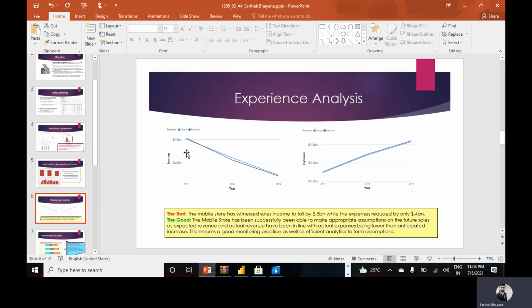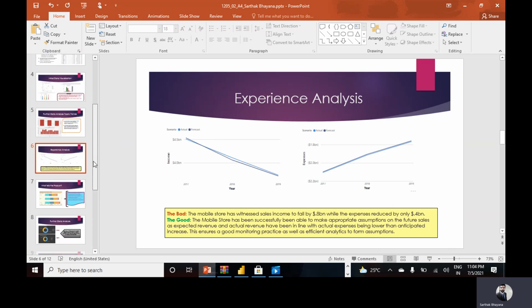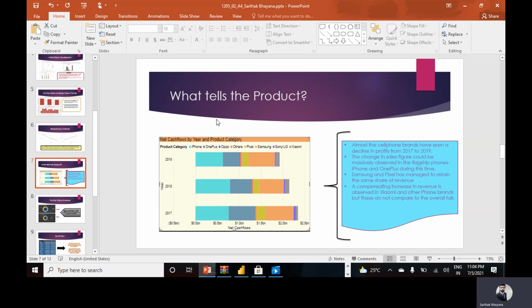Although on a holistic basis, income levels have been falling on a year-to-year basis, which is a real bad guy for us over here. Finally, on the product side, I tried to analyze how the share has been year to year, and I saw that iPhone sales have decreased from 2017 to 2019, and so have the sales of OnePlus, which has caused a major impact on our overall income levels.